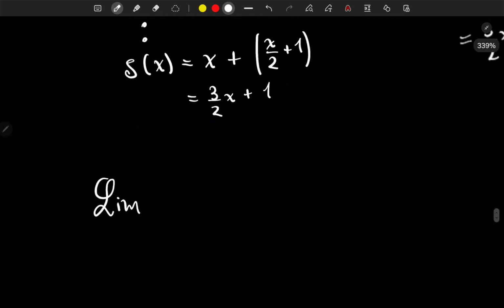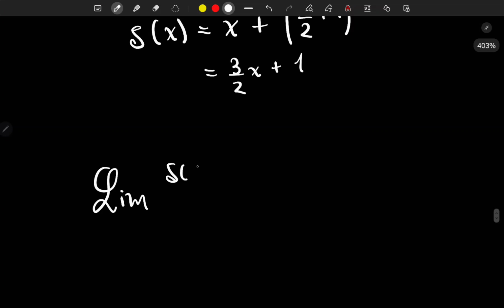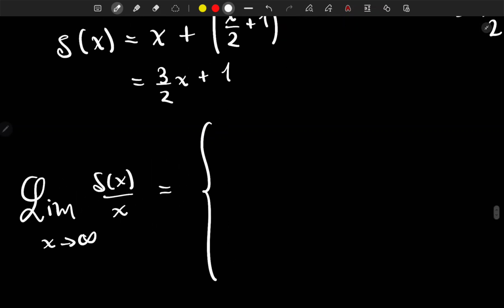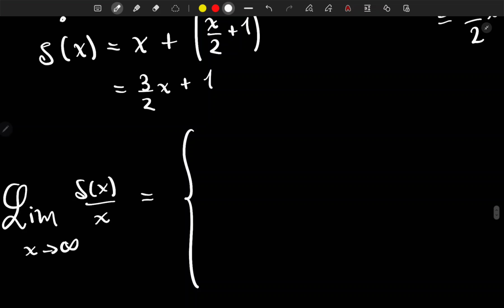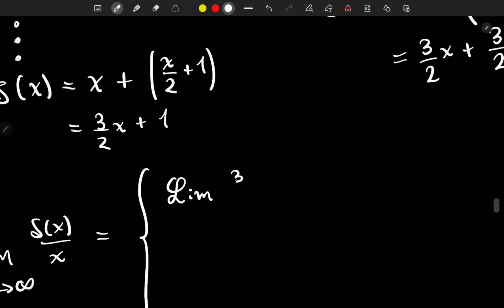when we can call this, okay, we can say that s of x divided by x when x approaches infinity is equal to 2 cases, okay? The first case is the limit of 3 over 2 x times 1 divided by x when x approaches infinity.